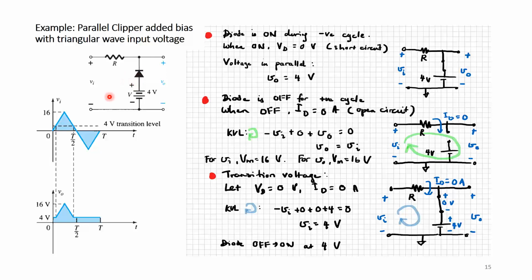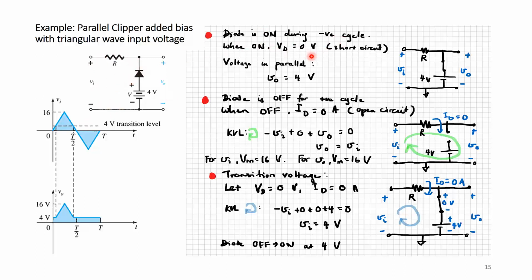So if I look at this orientation, when it is positive cycle, it would be opposing the positive direction current flow, so it will be reverse biased. So when it is in positive cycle, the diode will be off, but when it is in the negative cycle, the diode will be conducting because it is in the direction of positive current flow. So the diode is on during the negative cycle.